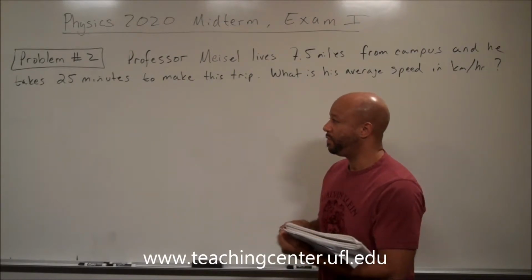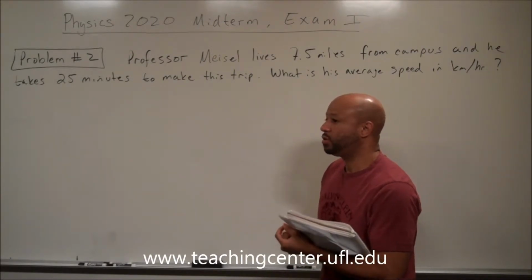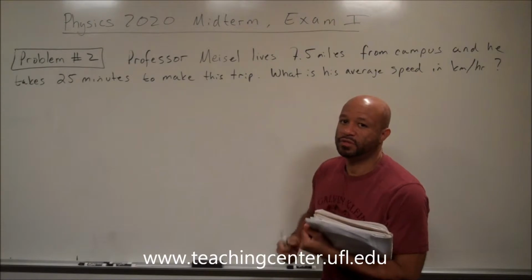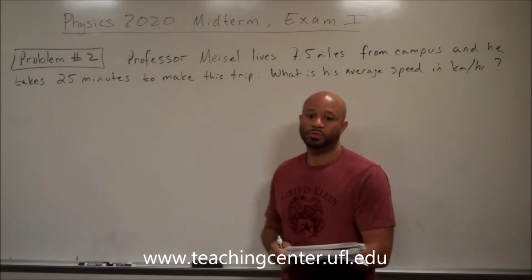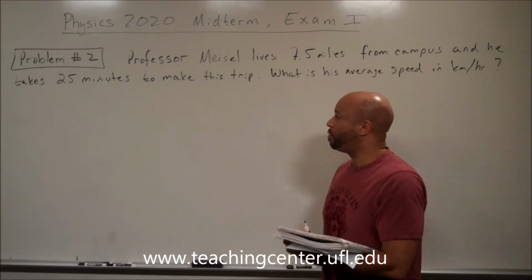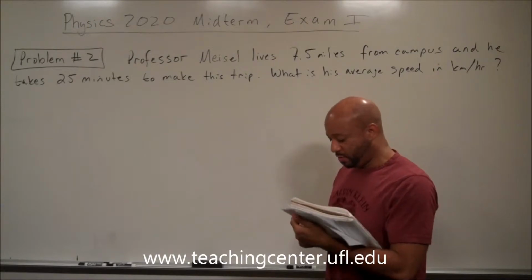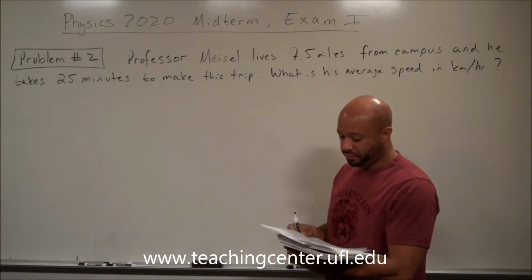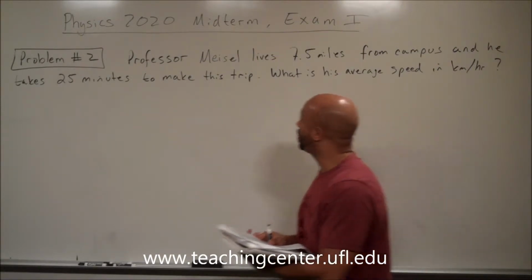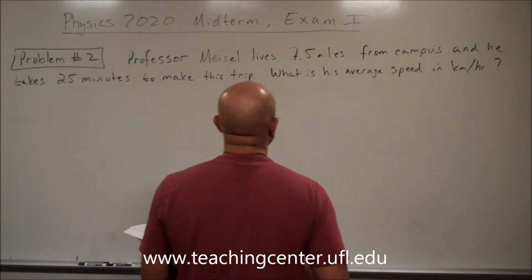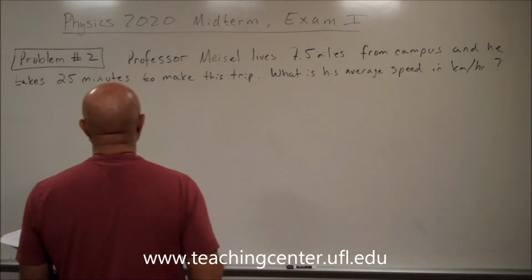Also, there's going to be information given to you in the problem statement that's going to help you solve the problem. So if we look at the information that's given, we see that he lives 7.5 miles from campus.